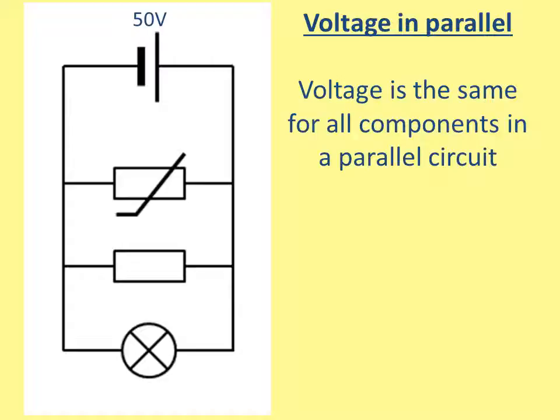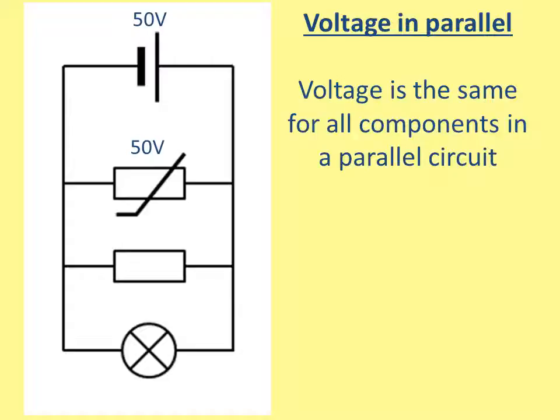The next rule looks at voltage in parallel circuits, and this rule says that the voltage is the same for all components in a parallel circuit. Have a look at this diagram on the left. The cell at the top is a 50 volt cell. Therefore, the thermistor must have 50 volts.